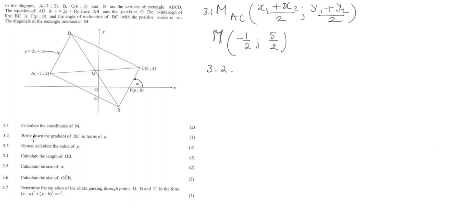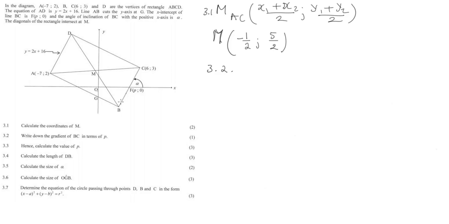Okay, now 3.2. They say write down the gradient of BC in terms of p. So you look at BC, which line is BC? There is BC. You don't have the coordinates of B, but you have the coordinates of F. The points are collinear, meaning the points are on the same line.